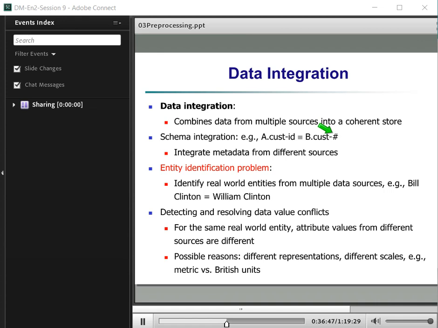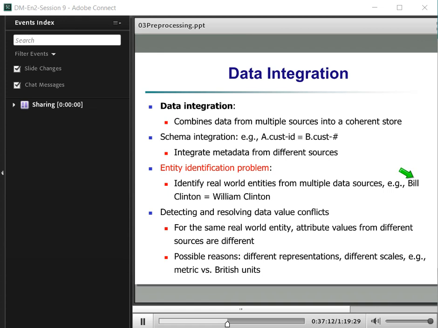Maybe their names are different. Maybe their types are different. In some cases, maybe everything is similar, but some values are different, different acceptable values.